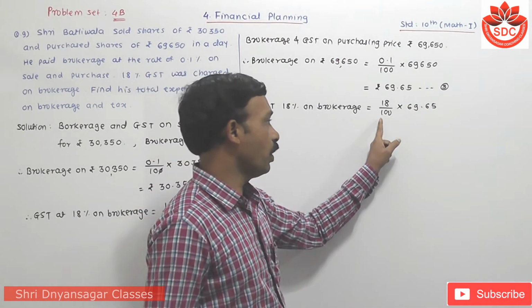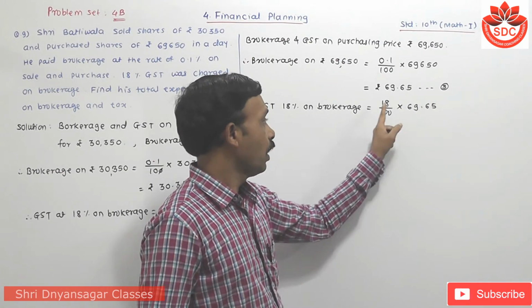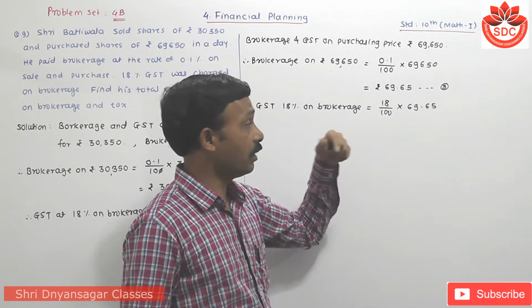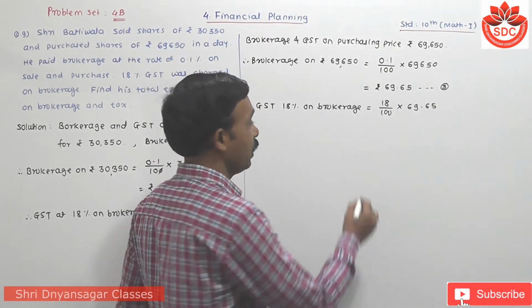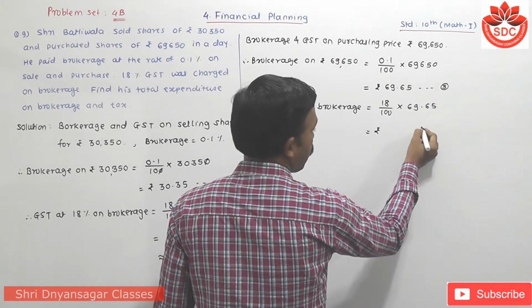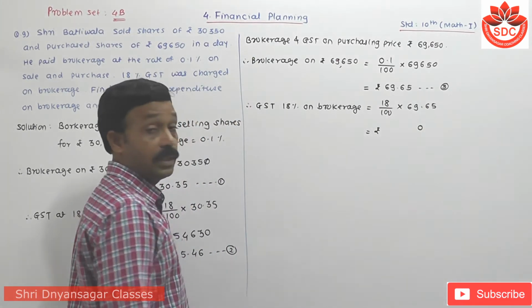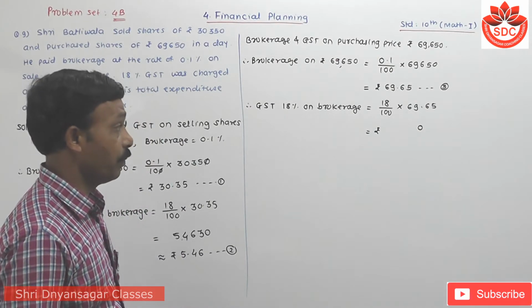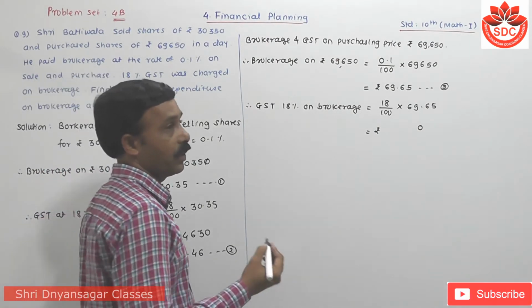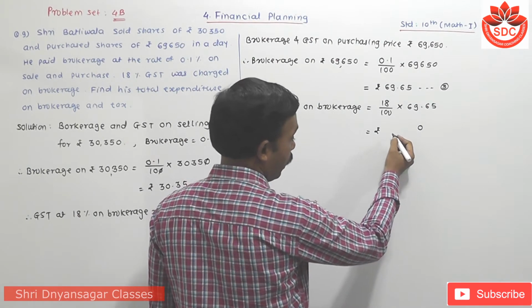Then when this decimal point is divided by 100, it becomes 0.6965. I have to multiply this by 18 and put the decimal after 4 digits. Here 18 fives are 90, carry 9. 18 sixes are 108 plus 9, it becomes 117.